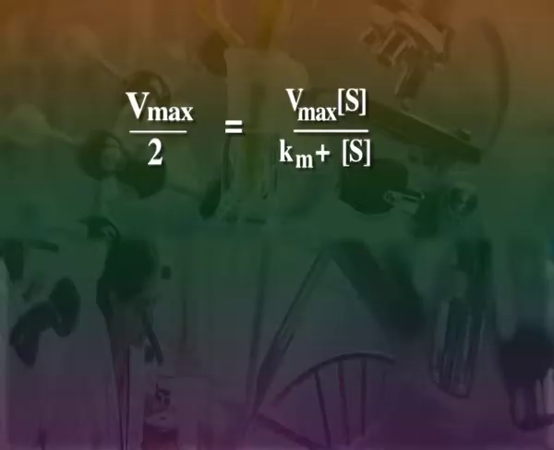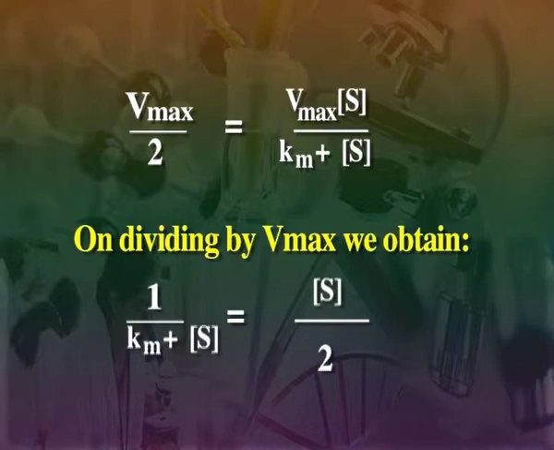And an important numerical relationship that emerged from this equation is the special case where V0 is exactly 1/2 of Vmax. So, if Vmax/2 is equal to Vmax times S/(Km + S), on dividing by Vmax, we obtain 1/2 = S/(Km + S).